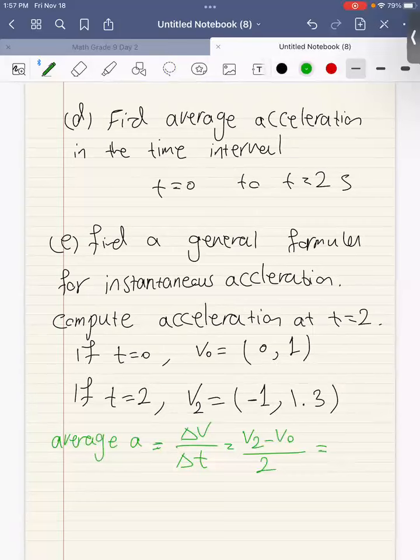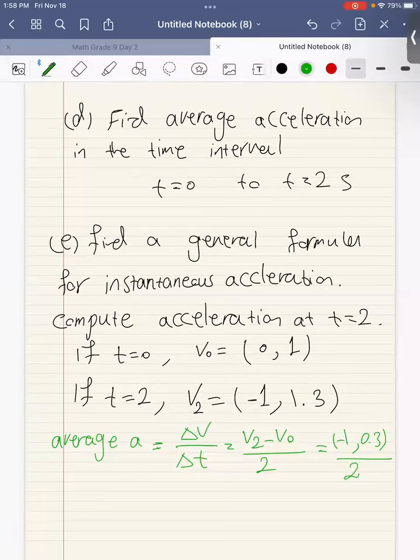What is v2 minus v0? When you subtract these two vectors, minus 1 minus 0 is just minus 1. This is the first component. What is the second component? 1.3 minus 1 is 0.3, over 2.